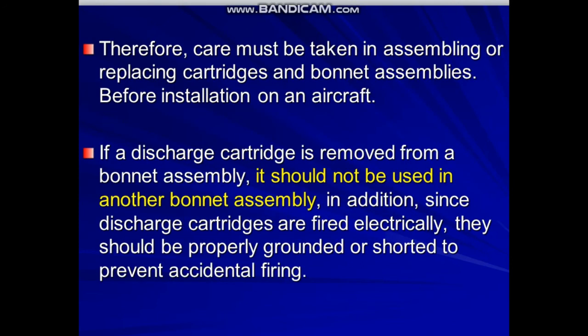Therefore, care must be taken in assembling or replacing the cartridge and bonnet assembly before installing on an aircraft. If a discharge cartridge is removed from a bonnet assembly, it should not be used in another bonnet assembly. In addition, since discharge cartridges are fired electrically, they should be properly grounded or shorted to prevent accidental firing.